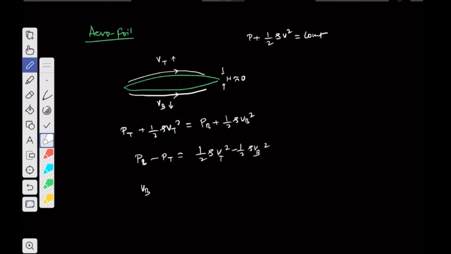Since Vb is less than Vt, Pb minus Pt will be more than 0. So it is going to experience a net force that is upward. That force is called the lift force, because of which the aeroplane can fly. So all of you understood this as well, the aerofoil effect.